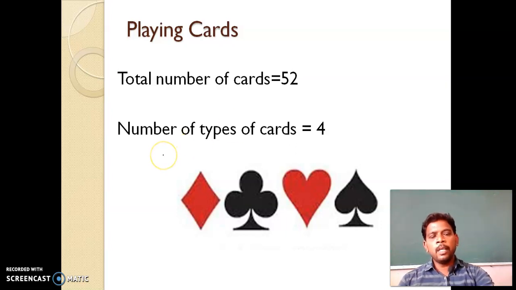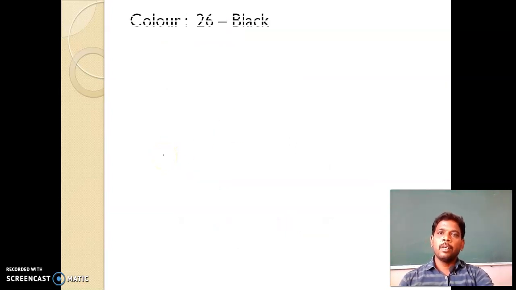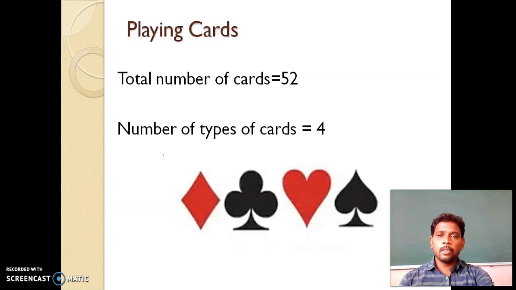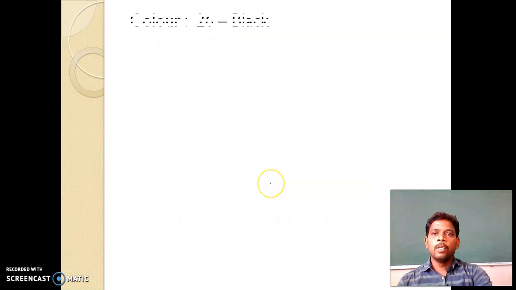Now, how many black cards are there? There are 26 black cards. Listen here: totally 4 types of cards are there, and you can classify them by color, 26 plus 26, that is black and also red. So 26 black cards and 26 red cards are there.